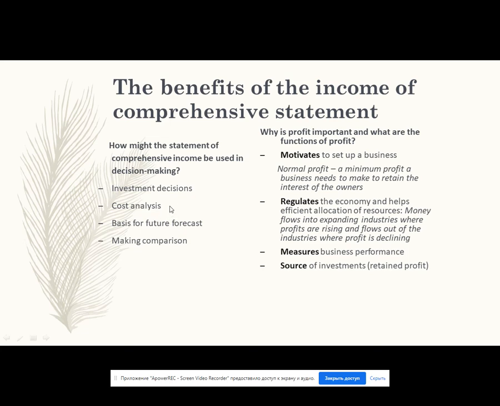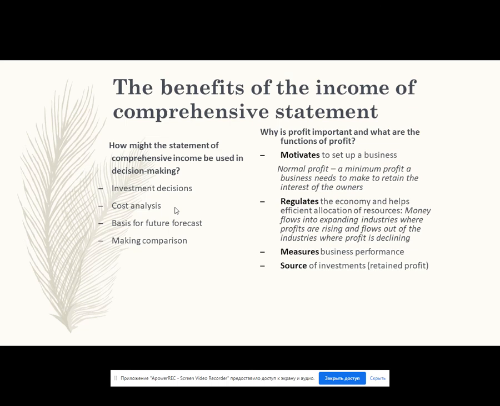When it comes to managers or top managers, they use P&L for cost analysis because P&L or statement of comprehensive income allows you to analyze different types of costs and different types of expenses, and you can find your weak spot. For example, you can see that your gross profit is very small because your cost of sales are very high, and you try to find cheaper suppliers, and your profit for the year goes up.